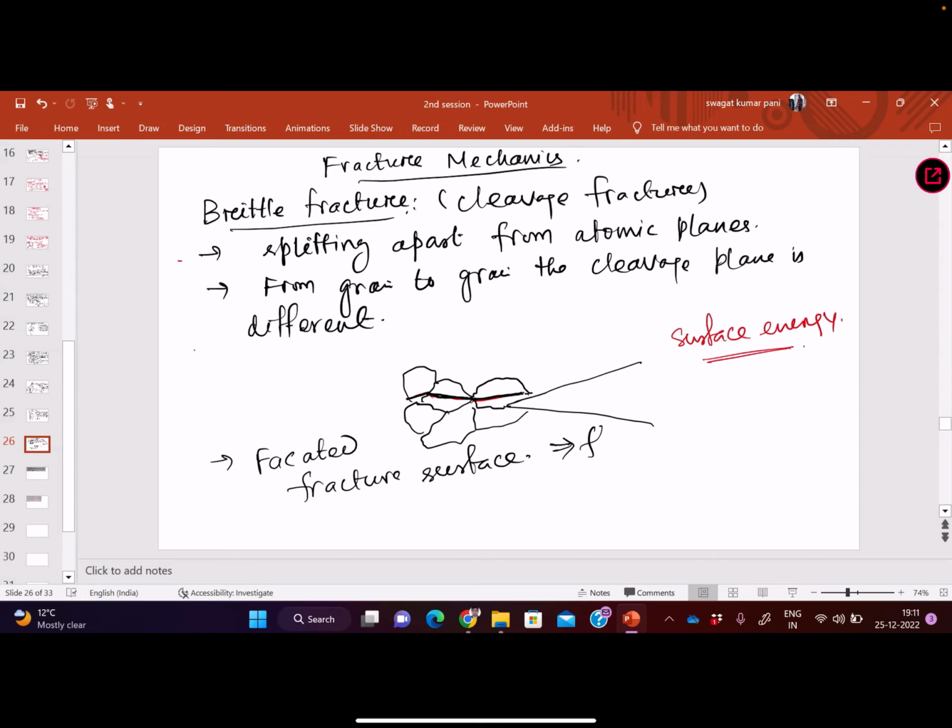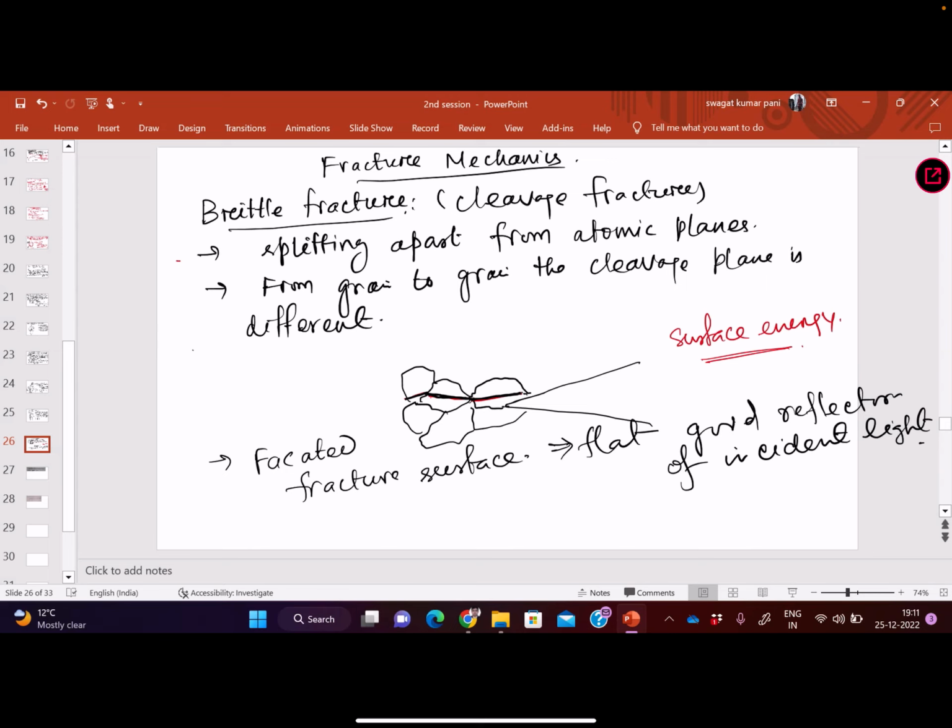And it is flat, that's why it is a good reflector of incident light, that's why it appears bright.